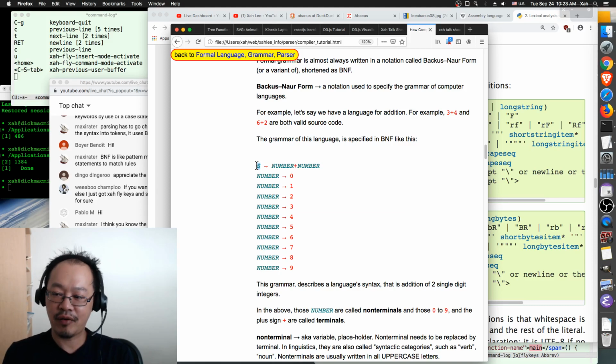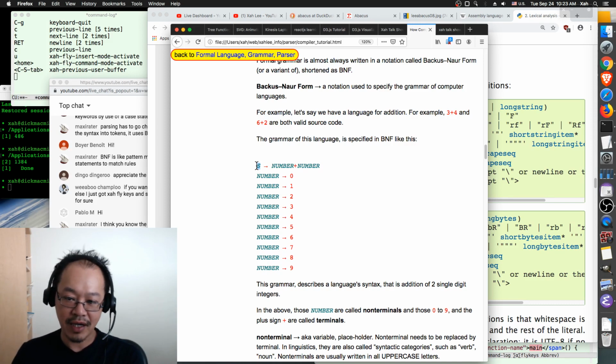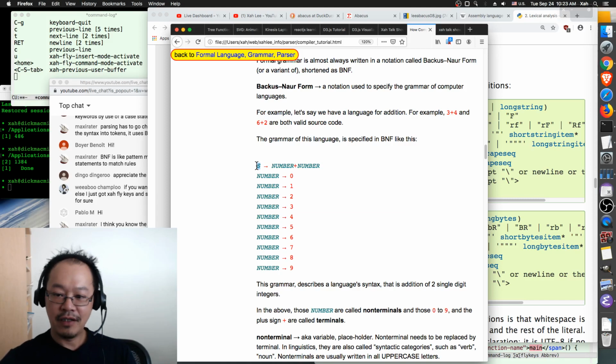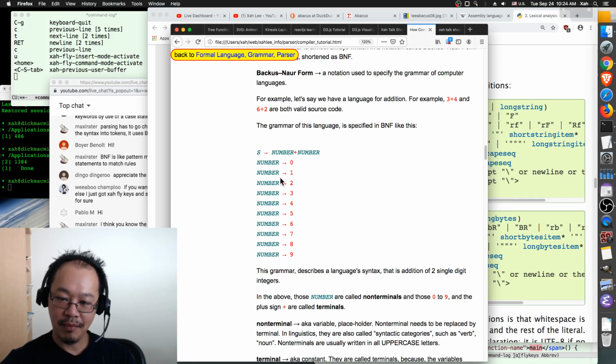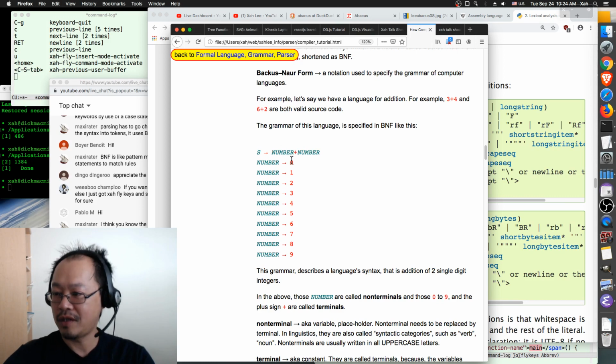Given a grammar, you can generate languages, like all possible source code of the language. In this grammar, you start with s, just the character s. Then you replace it by number and number. Then every time you see number, you can replace it by a digit. That's our language there.